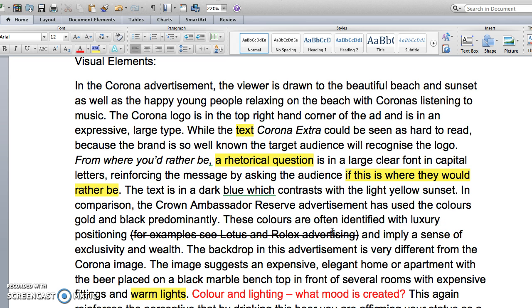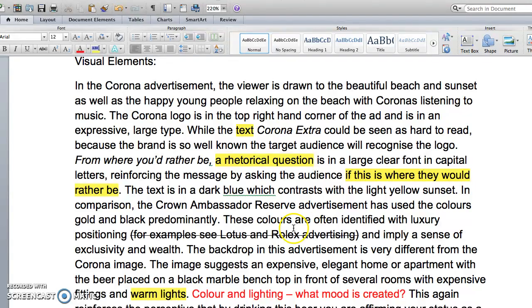You need to be using that technical language: beauty and social standing, body language, camera shots and angles, foreground and background, layout and graphics, lighting and color. You're not using this technical language, Jet, and you need to go back. You need to make sure that in this section you have chosen and analysed at least 3 and preferably 4 visual elements very clearly, explaining what the effect is.